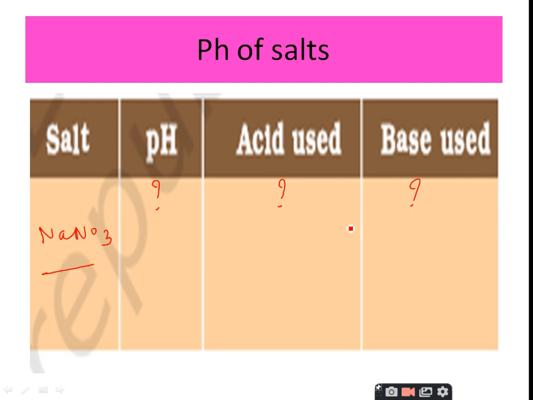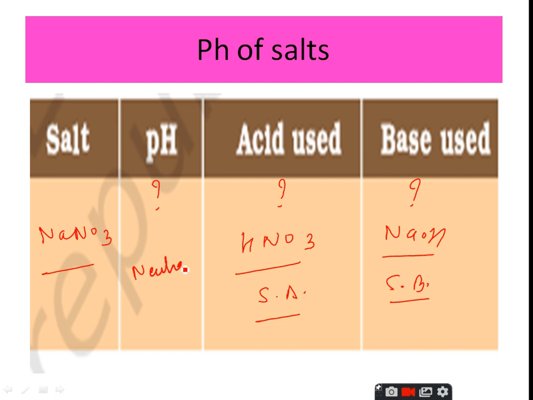Na comes from NaOH, NO3 comes from HNO3, which is nitric acid. Nitric acid is a strong acid, NaOH is a strong base, so both are of equal strength, so its nature will be neutral, and if the nature is neutral, pH will be 7. In this manner we can determine the pH of a salt.